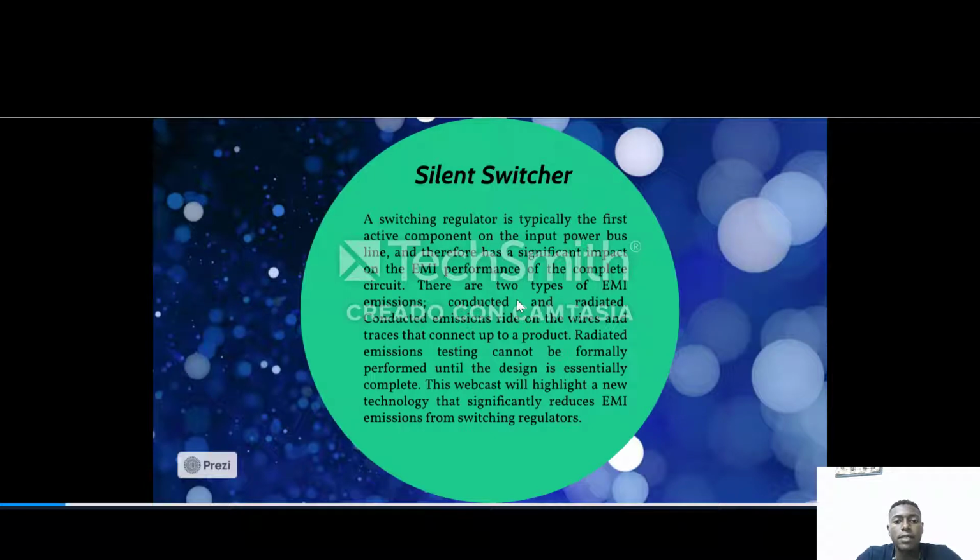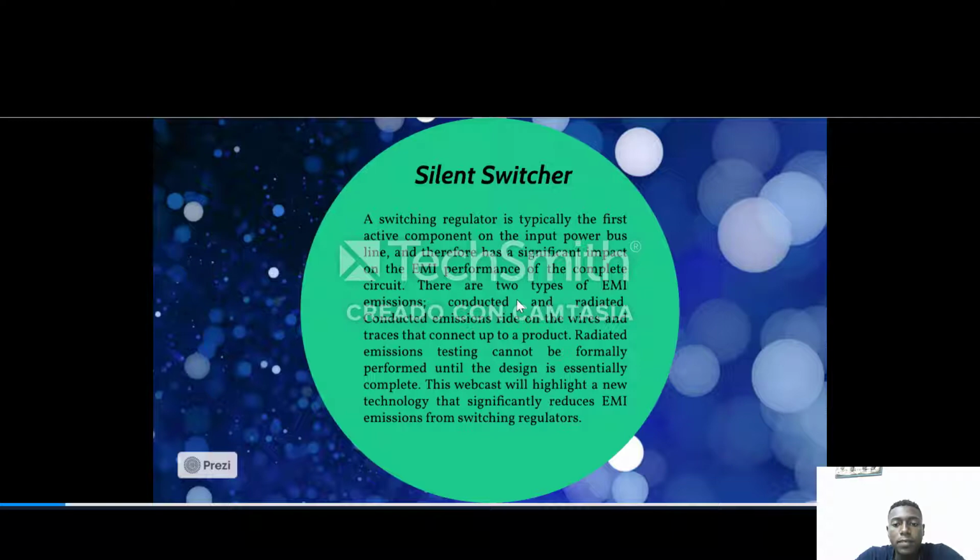A silent switcher regulator is typically the first activated component on the input power bus line and therefore has a significant impact on the EMI performance of the complete circuit.